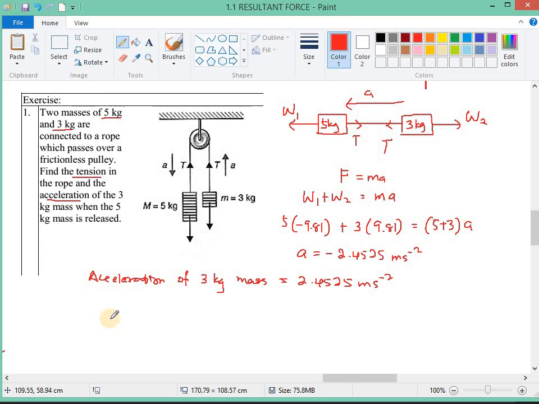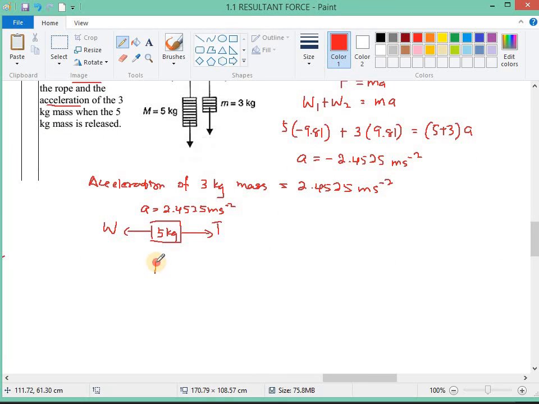So let's say that we look from the perspective of the 5 kilogram. We have the weight to the left and the tension to the right, and this 5 kilogram has acceleration of 2.4525 meter per second squared.